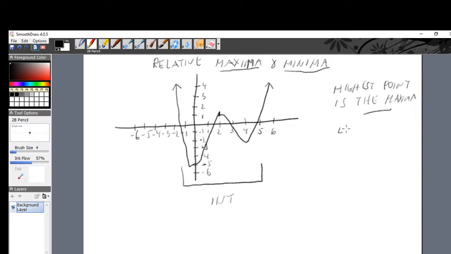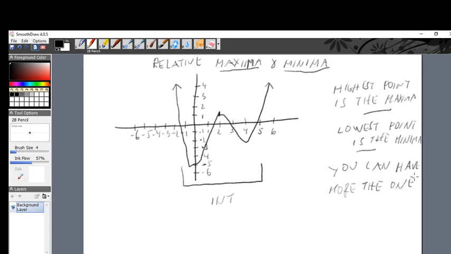And the lowest point is the minima. You can have more than one maxima or minima.